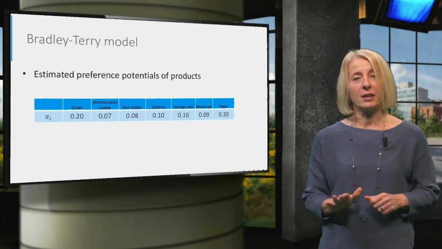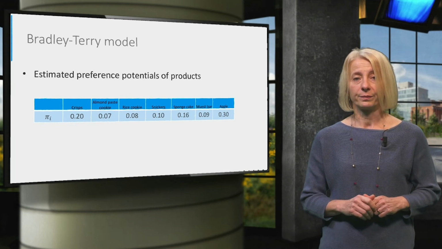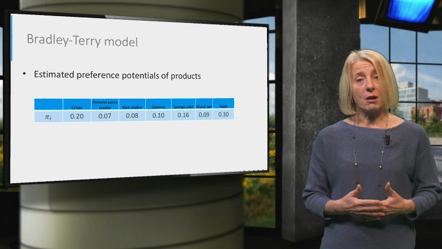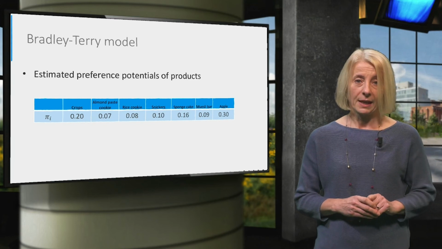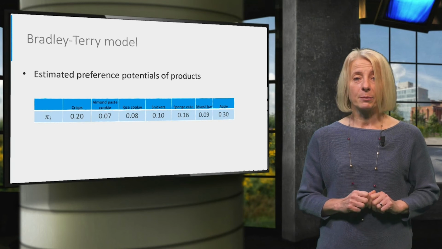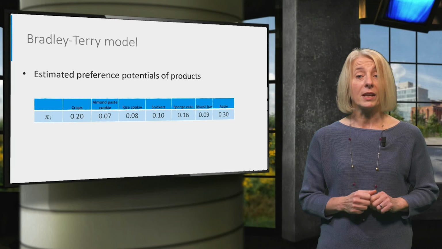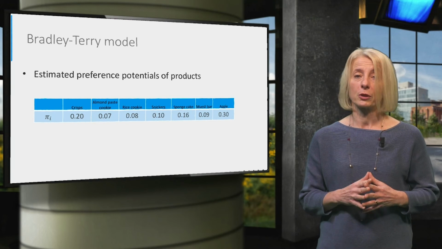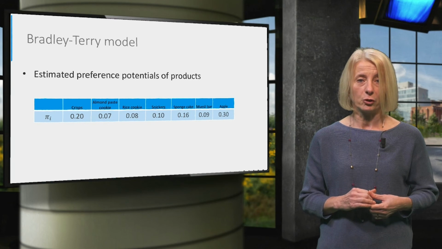The preference potentials of other snacks are quite similar. These results allow us to draw a few conclusions. Namely, we can expect about 30% sales of apples and 20% sales of crisps when they are introduced as a choice in a vending machine.